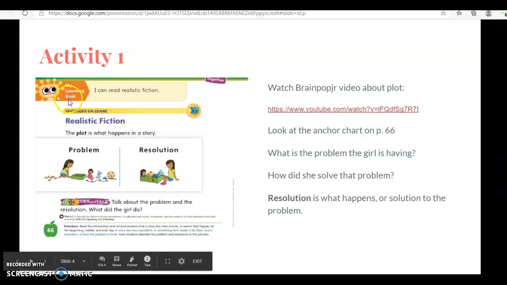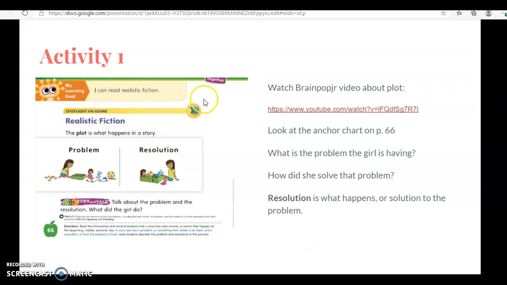This says, my learning goal: I can read realistic fiction. And remember, last week we learned that realistic fiction means something that's make-believe but could happen in real life. That's why it's called realistic.